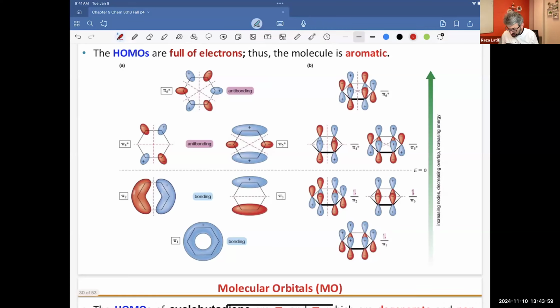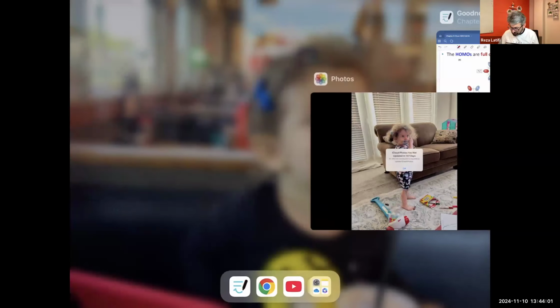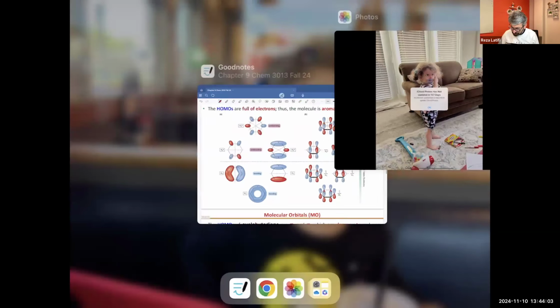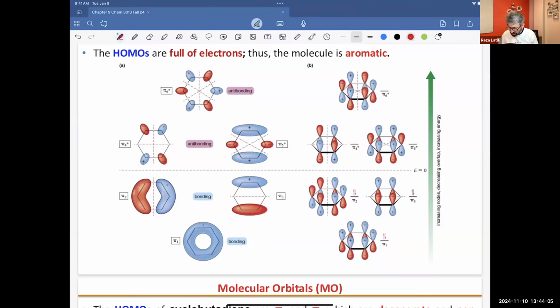On the top, all the orbitals have a positive sign. So we have a conjugated system. We have a p orbital on each carbon atom.